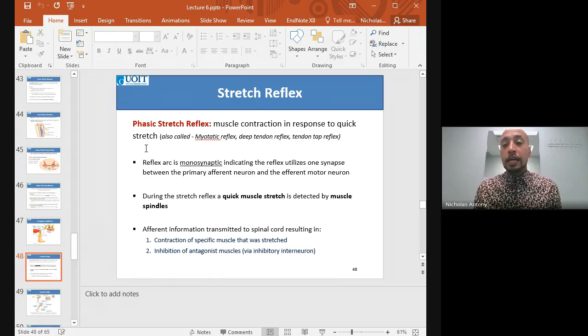But what happens is that if a muscle is lengthened too quickly, the muscle spindles register that it's being stretched too quickly, and it's a reflex that fires from the spinal cord to get that muscle to reflexively contract, to pull back from the quick lengthening. So when you do the tendon tap reflex, you tap on the tendon, and it pulls the muscle very quickly, and so it reflexively contracts back.